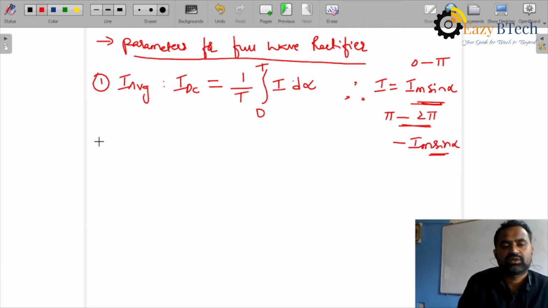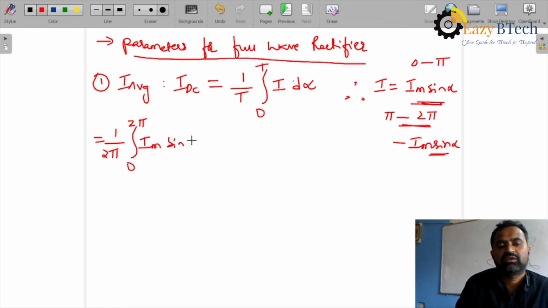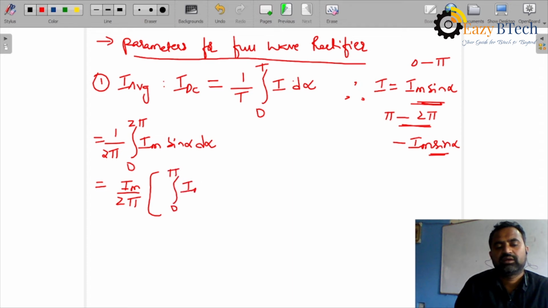That you can substitute here, 1 by 2 pi integral 0 to 2 pi, I means Im sin alpha d alpha. So you will write 1 by 2 pi, Im is constant, bring out Im, 0 to pi Im sin alpha plus pi to 2 pi minus Im sin alpha.